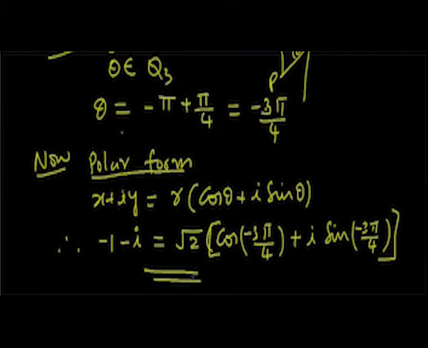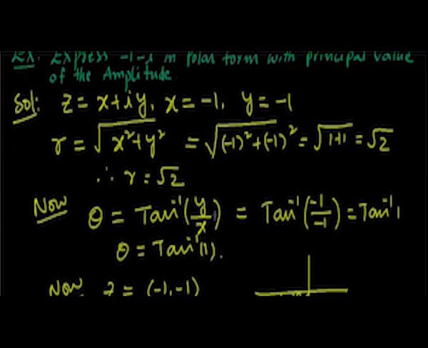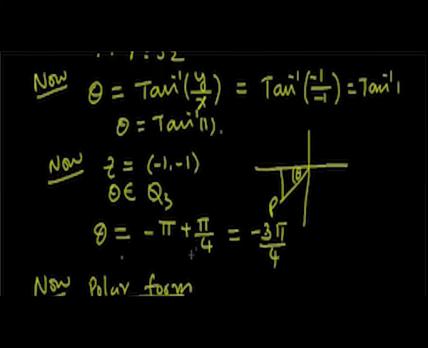So this is the polar form of this given complex number. So this is how we find the polar form of any given complex number.